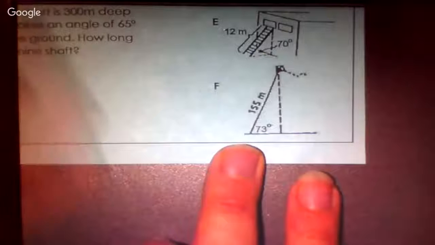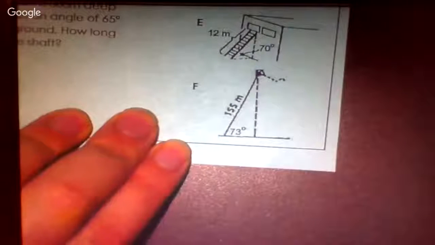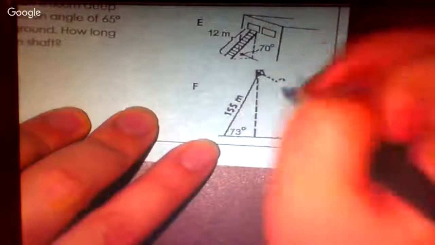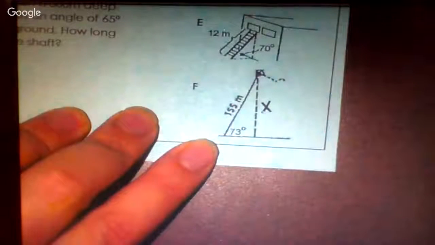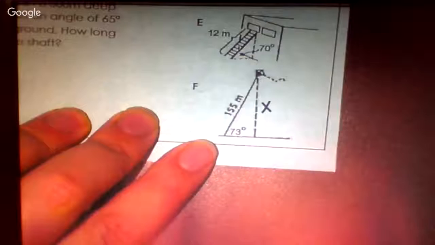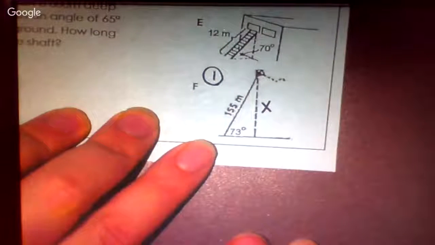F. So, we're going to jump clear down to F. What side am I looking for if I'm trying to find how high above the ground is the kite? The opposite side. Good. I'm trying to find this side here. How high above the ground is the kite? Okay, so this is number 1, and we're trying to find X.